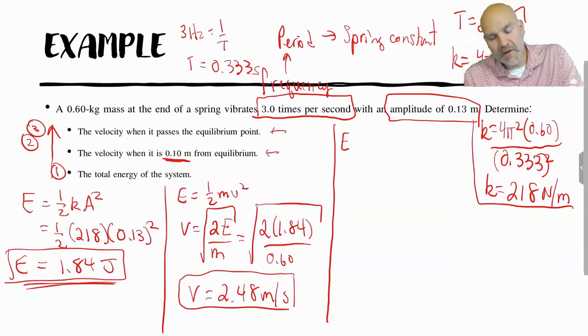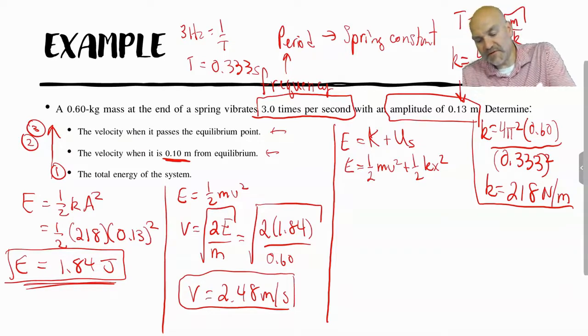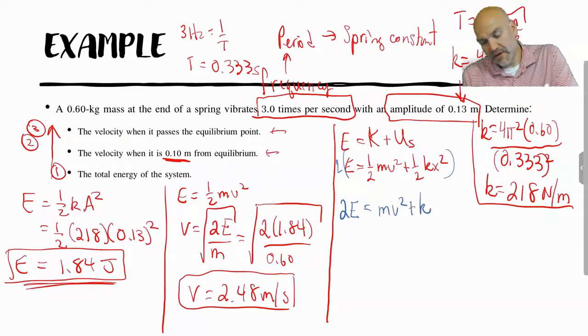Okay, now 0.10 meters from equilibrium. Well, that's not quite out to the maximum amplitude because that's at 0.13. But we know that that's going to be the sum of K plus U_s. So it's going to be 1/2 mv squared plus 1/2 kx squared, and that's going to equal E. And so let's do a little bit of algebra here. So we're going to multiply everything by 2. So you get 2E equals mv squared plus kx squared.